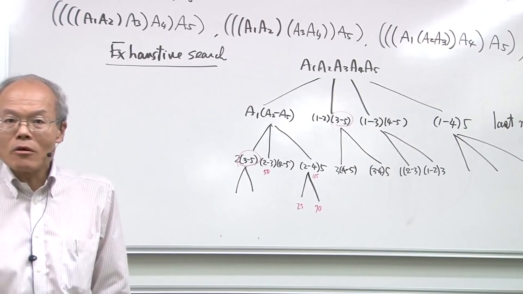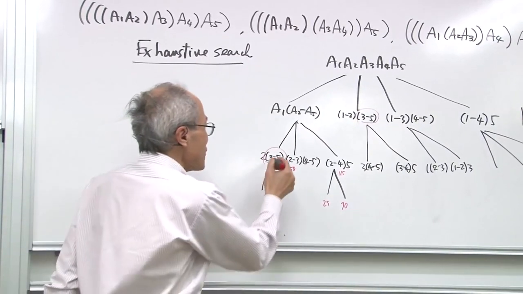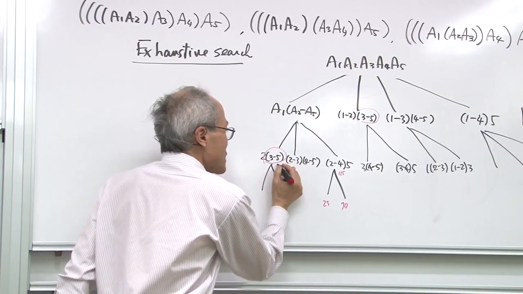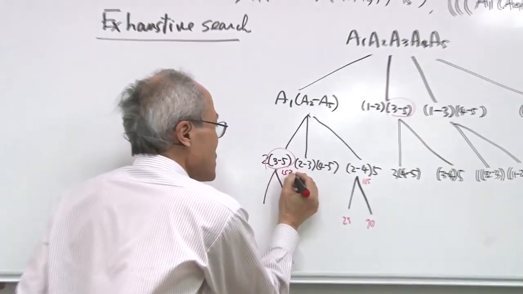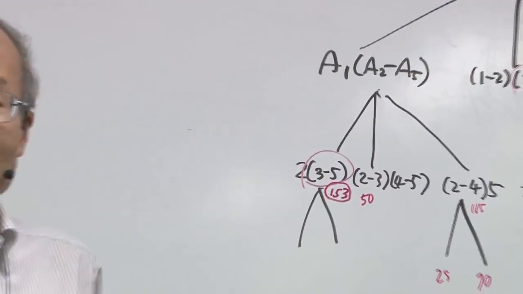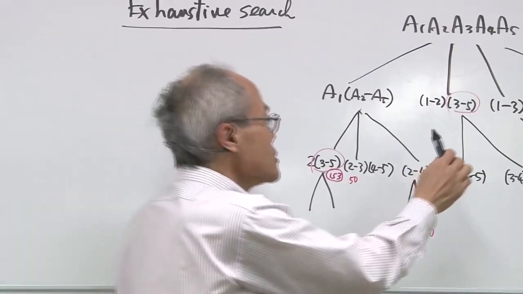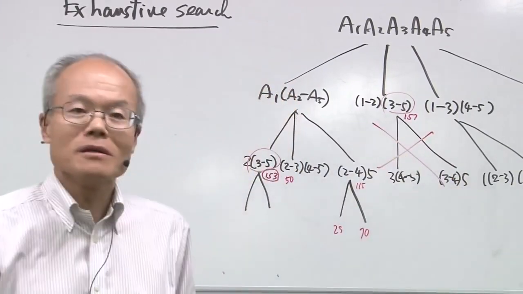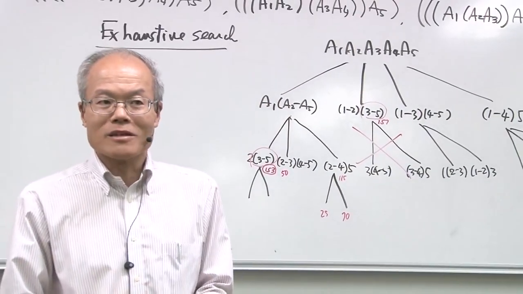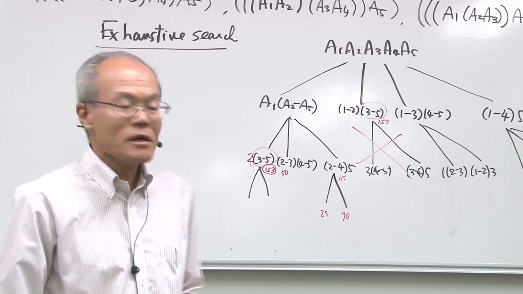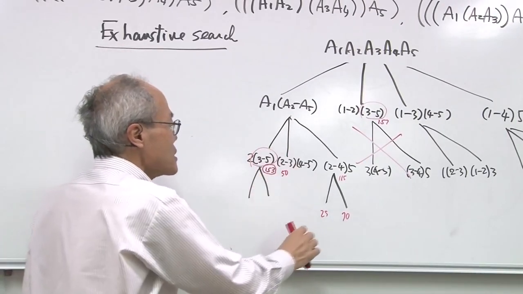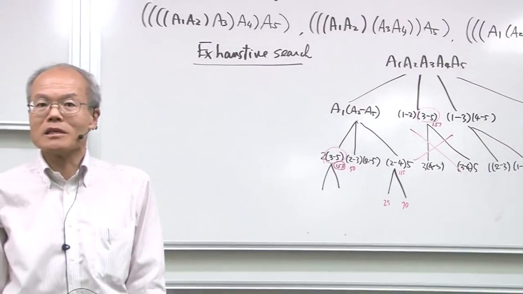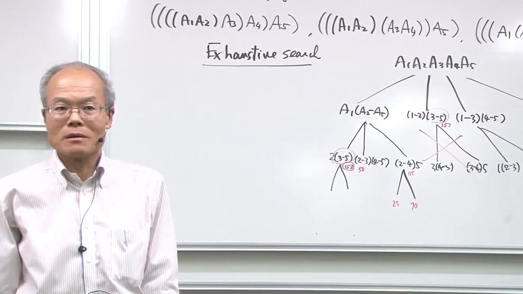So once you know that the best way of multiplying 3 to 5 is, I don't know, this one, and this is maybe 153 operations, then of course this is also 153. You don't have to calculate the same thing twice. If you once get the best order here, then of course you don't have to do the same thing again. Okay? So that is the idea of DP.